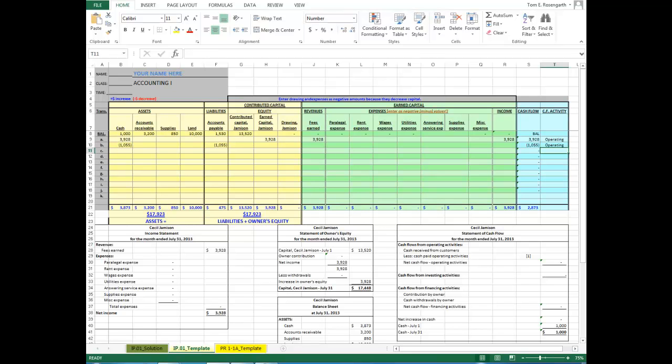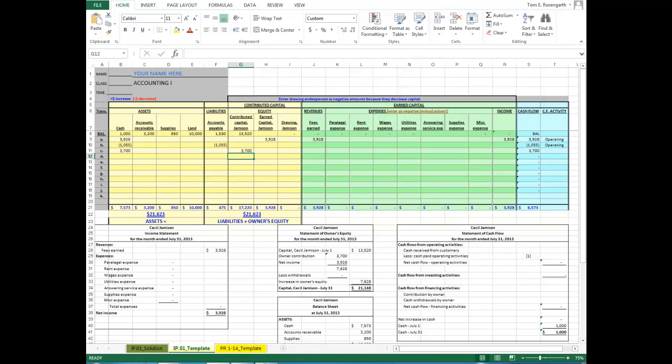Let's examine transaction C. Cecil Jameson contributed, or made an additional investment in the company, of $3,700. So the company's cash account would increase $3,700, but in this case no earnings took place because Cecil Jameson, the owner, contributed additional capital to the business.